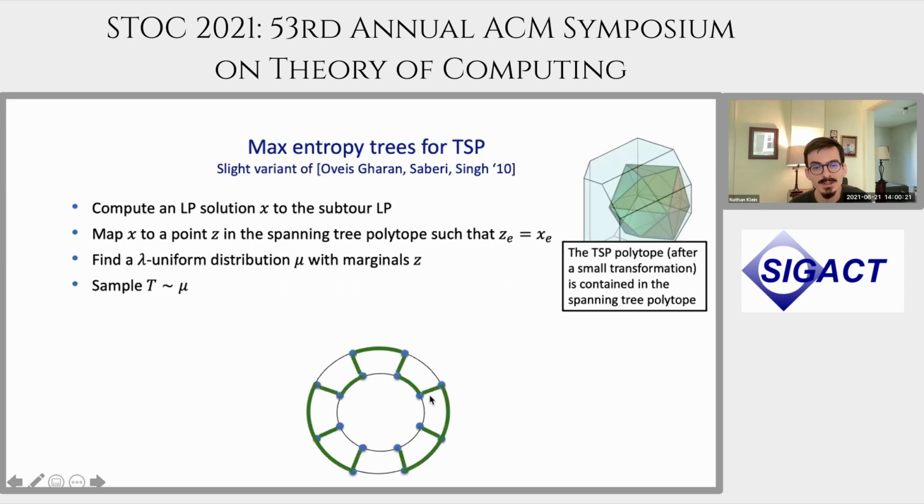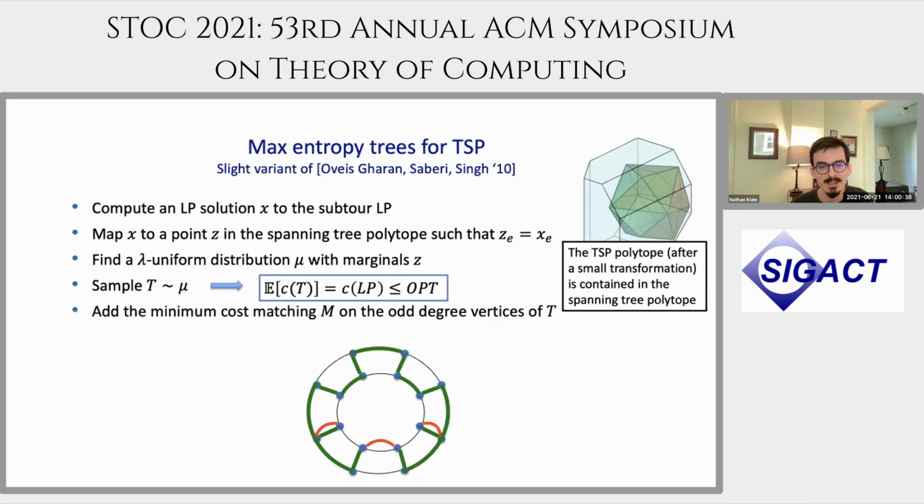And then we sample a tree T from mu. And since z has the same marginals as x, this costs at most opt in expectation. However, T is not a TSP tour, right? Because it's not Eulerian. We have some odd degree vertices. So we just make it Eulerian. We add the minimum cost perfect matching M on the odd degree vertices of the tree.